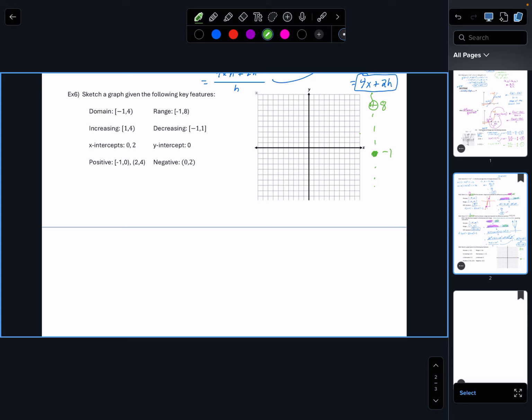And then I have where it's increasing and decreasing, so I suggest that you draw a number line. From 1 to 4, it is going up, it is increasing.